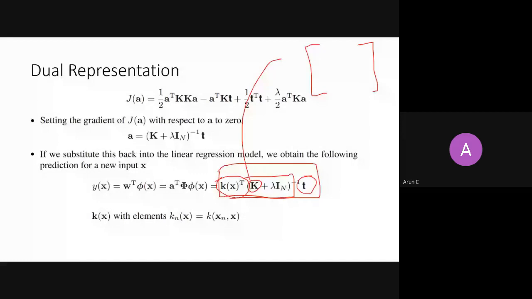I told you that when you want to fit the model, this is how you need to get the value of a, and in this a there is a Gram matrix, and lambda is how you want to regularize.